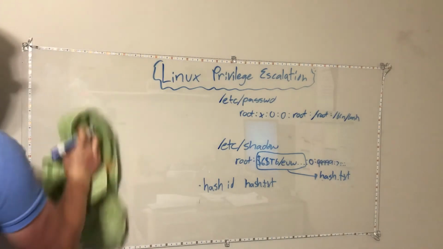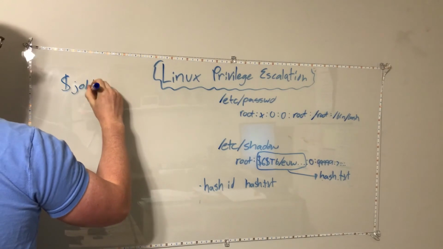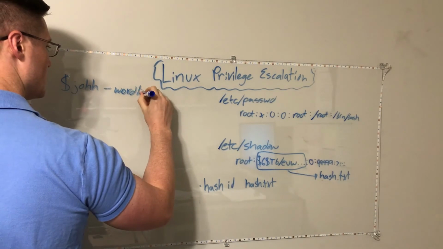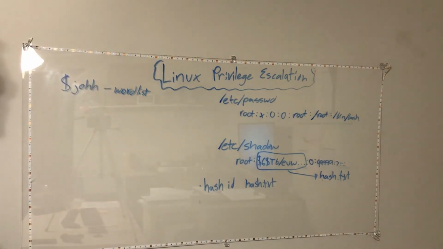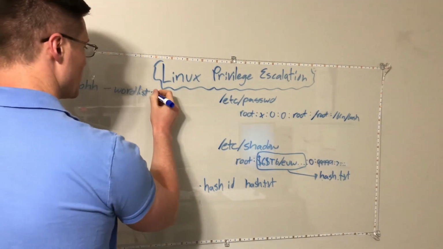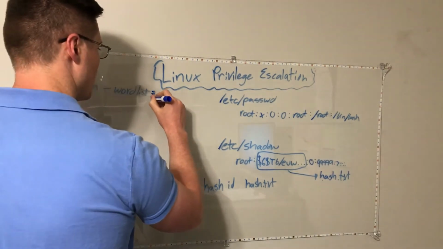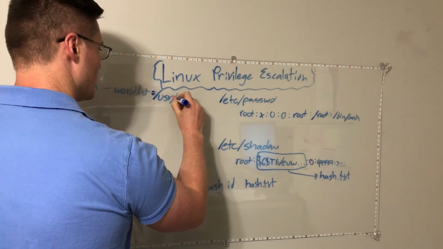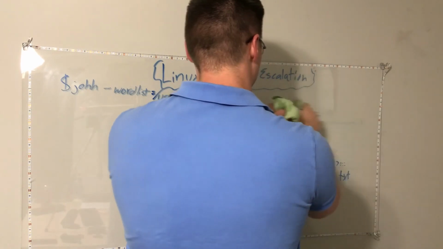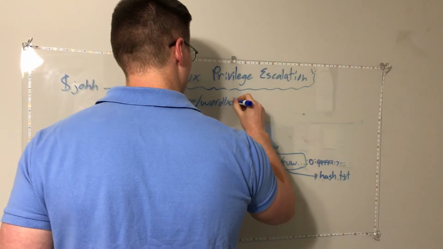So John takes a word list, and that could be stored anywhere on your system. It's up to the end user. Traditionally, it's associated with the user share wordlist directory.